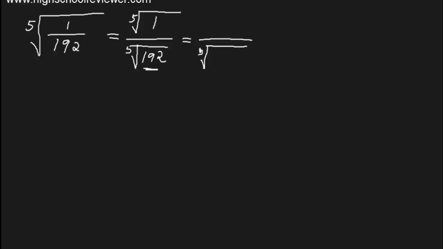Okay, let's try if we can factor that out. So this will be the 5th root. The factors will be 64. So 192 divided by 64 is equal to 3. So the factors will be 64 and 3. And then we will still have here the 5th root of 1. Now, let's change this into exponential forms.